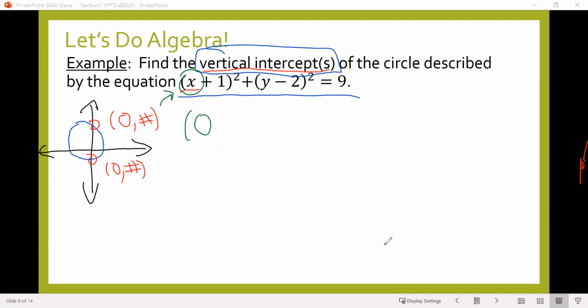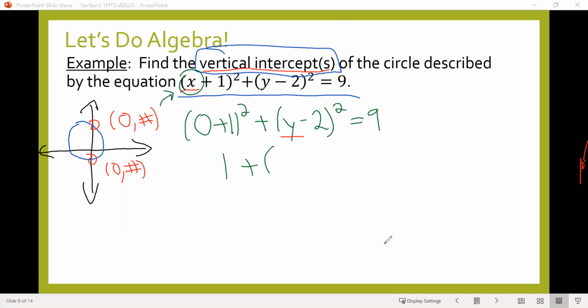So I'll do that, so I'll make this (0 + 1)² + (y − 2)² = 9. And then notice now all we have to do is solve for the value of y. So let's go through and do some simplifying. 0 plus 1 is 1 squared will just give us 1.